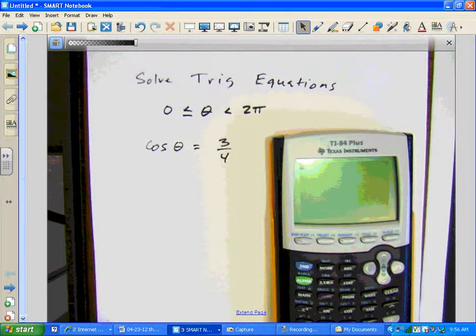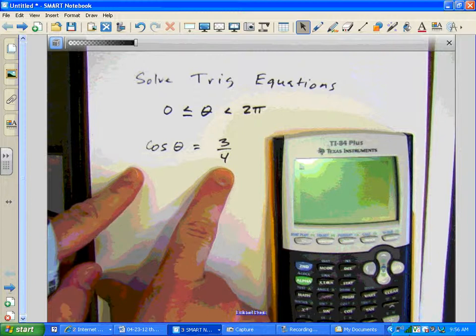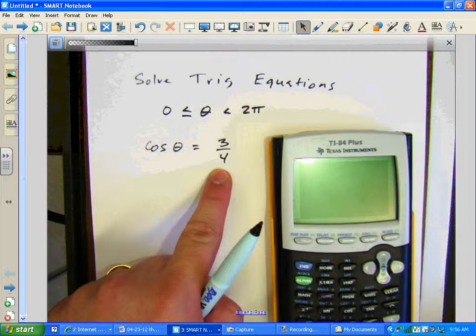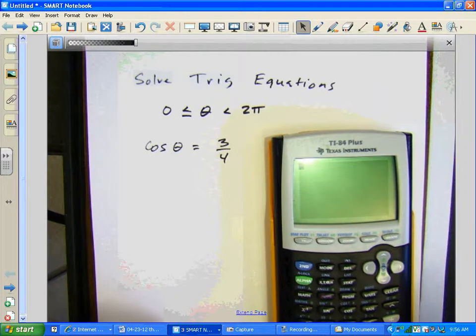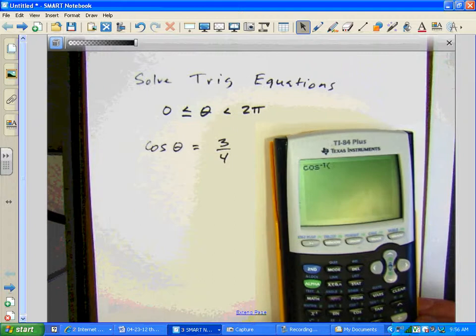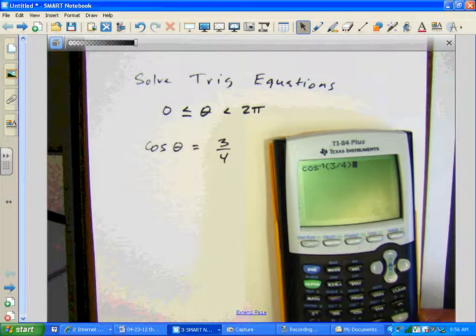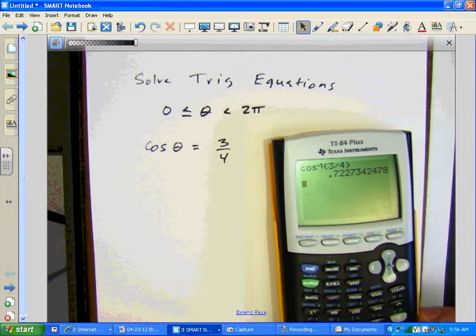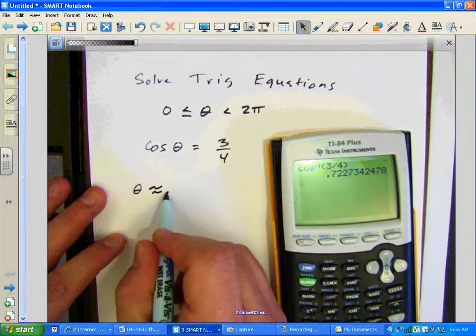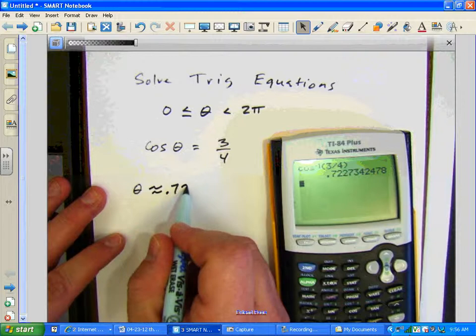So we take the inverse cosine on both sides, which amounts to inverse cosine of 3/4. Punch it in with me. So that's about 0.72. So theta is about 0.72. We're going to go to two decimal places.